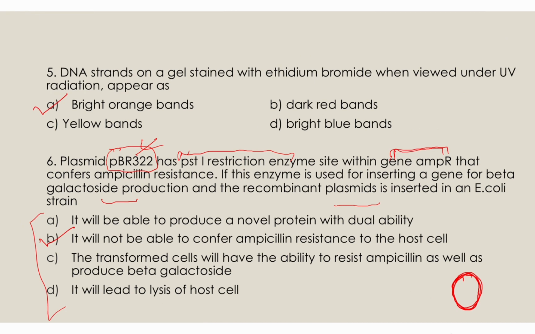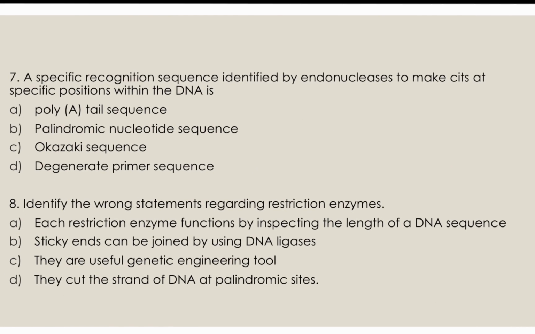When restriction enzyme BamHI or SalI is used, the DNA insert is placed within the TetR gene, making it non-functional. If this enzyme is used for inserting a gene for beta galactosidase production and the recombinant plasmid is inserted in an E. coli strain, it will not be able to confer ampicillin resistance to the host cell. I hope you have understood this. So move to the next question.